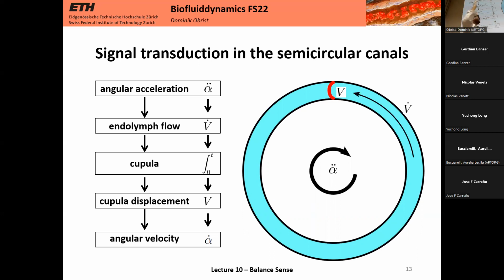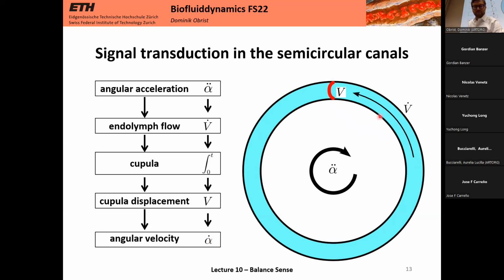And we simplify, for that matter, the whole semicircular canal to a torus, a toroidal structure. And on the top in red, you have this little cupola here. I showed it in a deflected mode.